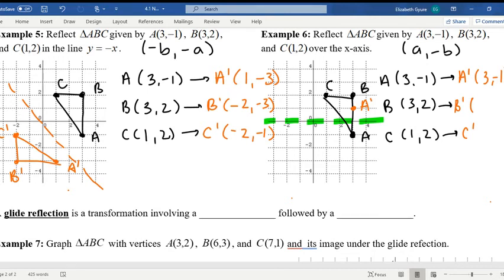You don't know? Okay, so B prime, we're applying this rule, which is A, opposite of B. So right now your point is 3, 2, right? If you applied this rule, your first point is going to stay the same, your second point is going to become the opposite. So how do you think you would apply that to the numbers 3 and 2?